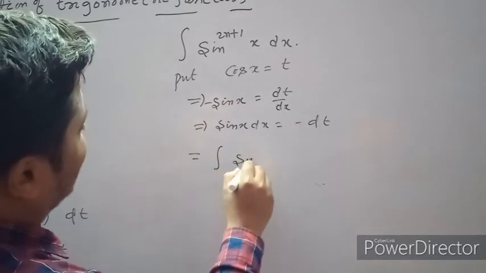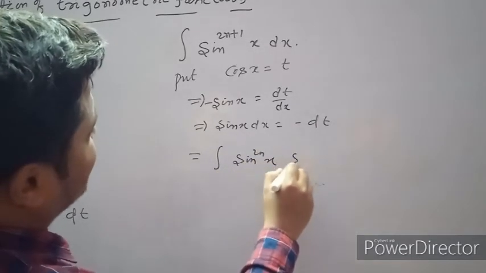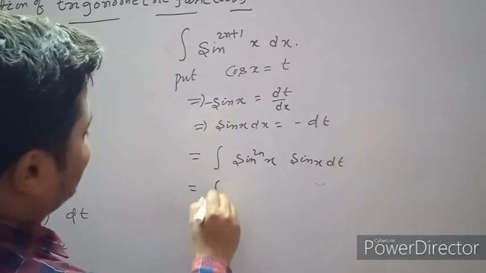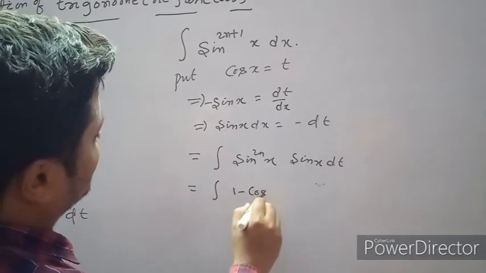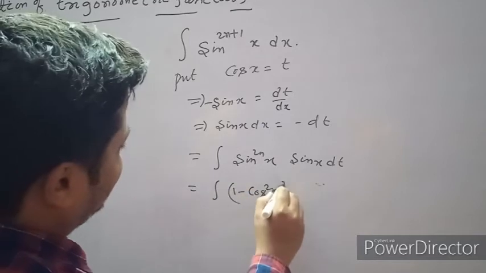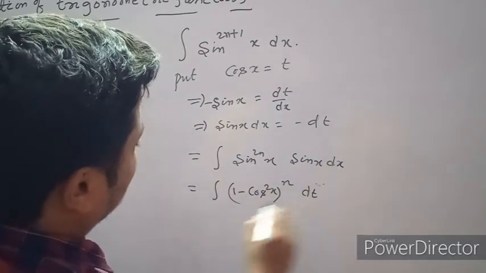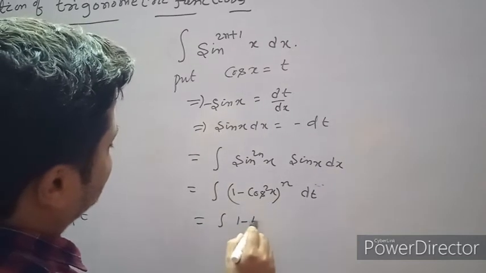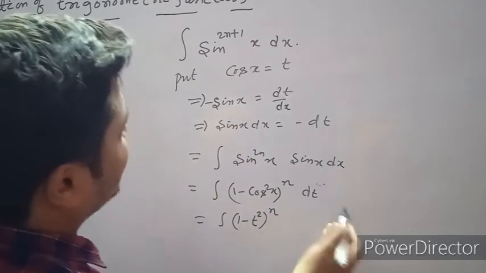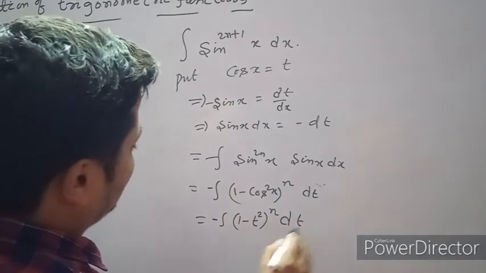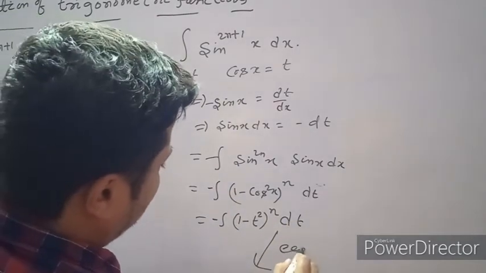Integration sin 2n x sin x dx, right? This is integration (1 minus cos square x) to the power n. This is dt. So integration (1 minus t square) to the power n, with the minus dt here. So this can also be easily integrated.